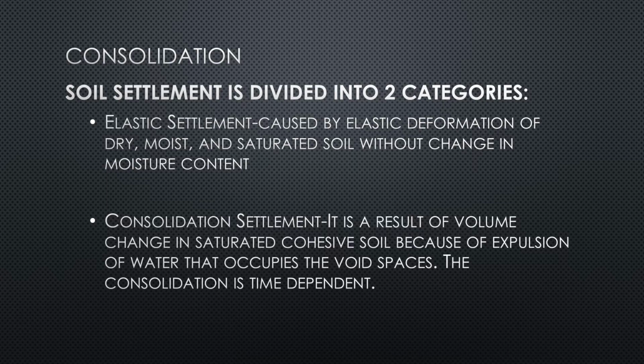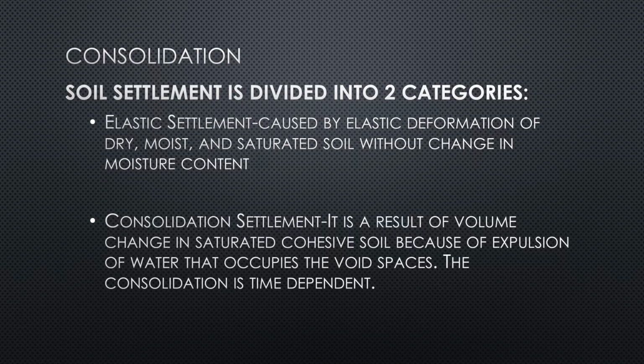In elastic settlement, the soil is deformed elastically. When we say elastic, once the stress is applied on the soil, there is deformation, but it returns to its original form because it is elastic. The opposite is plastic.